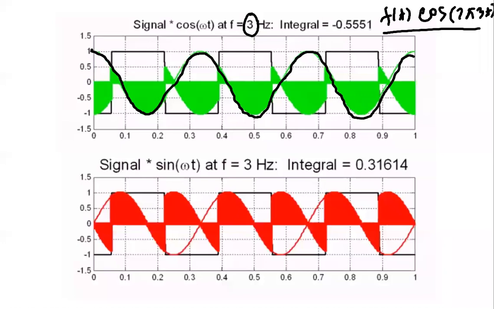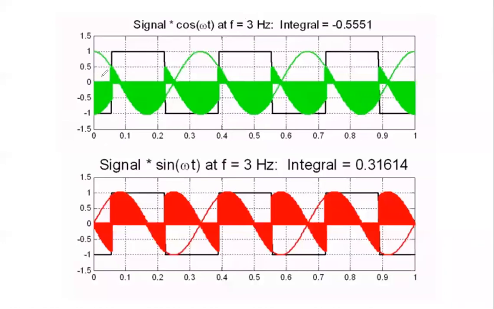Whenever there is a positive portion in the cos and a negative portion in the square wave, the multiplication values are definitely negative. Whenever both of them are positive, then you will get a positive segment. This is positive and negative, that's why this is a negative segment. Again, you have a positive segment and a negative segment there.